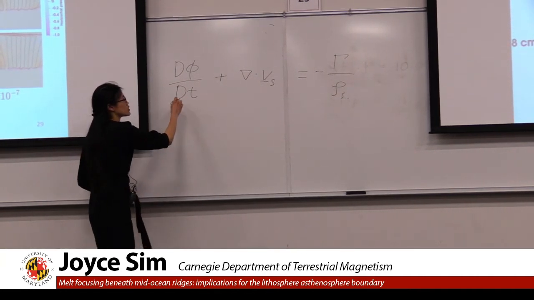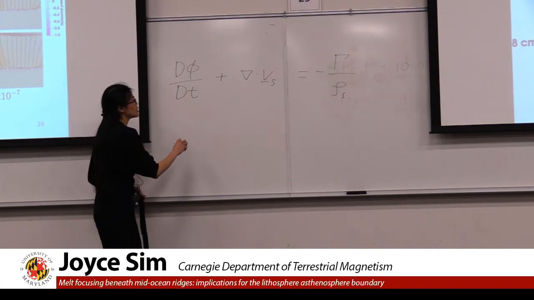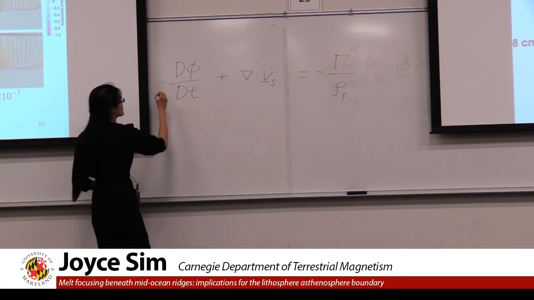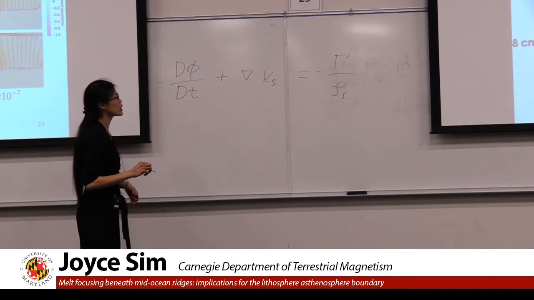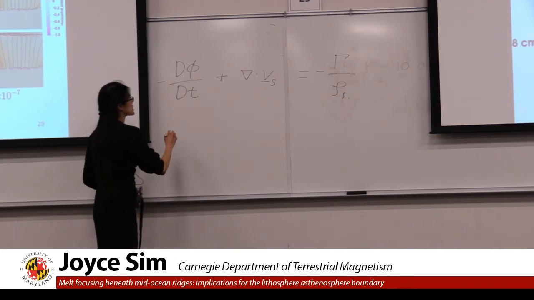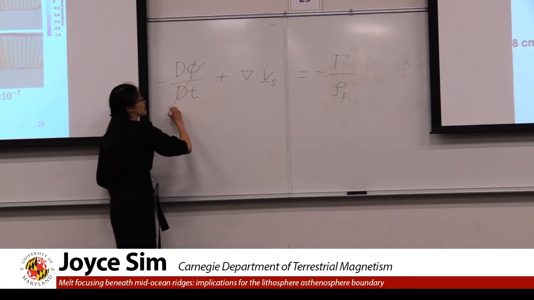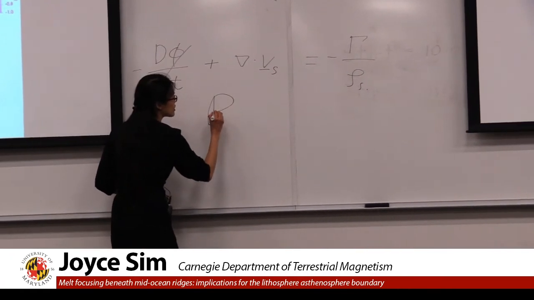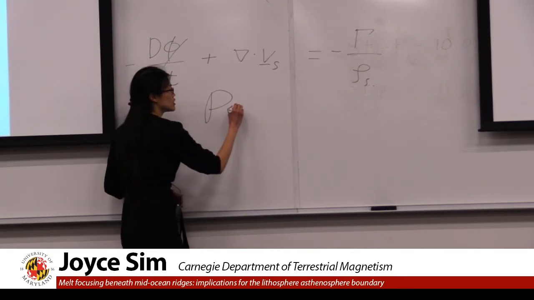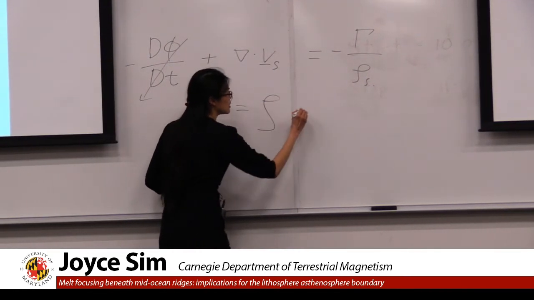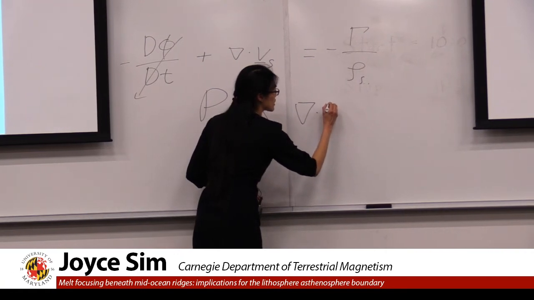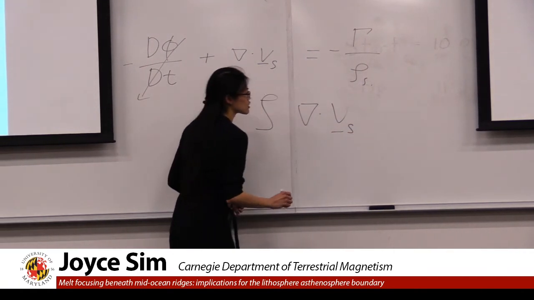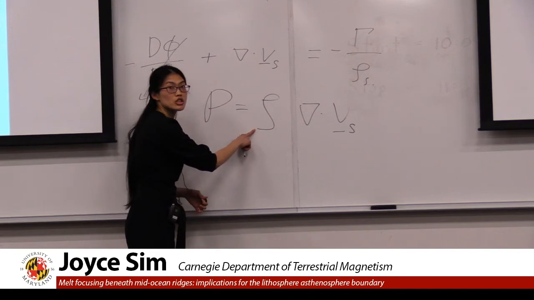This is the material derivative, and there's a minus sign here. At quasi-steady state, you take this away in the frame of the solid. And remember that the compaction pressure is just this: your divergence of solid velocity, modulated by your bulk viscosity.